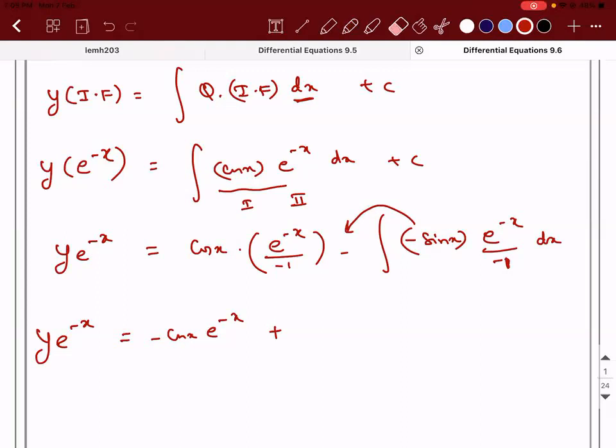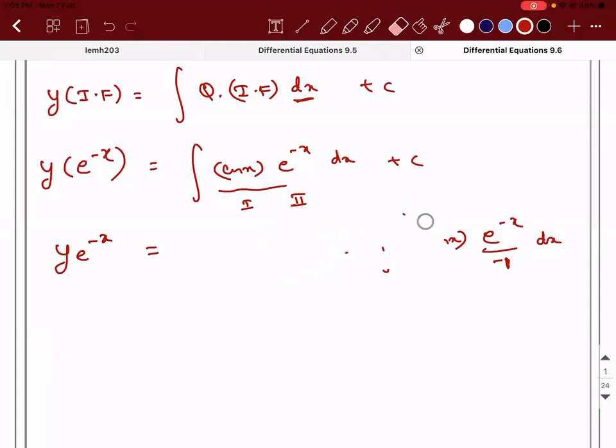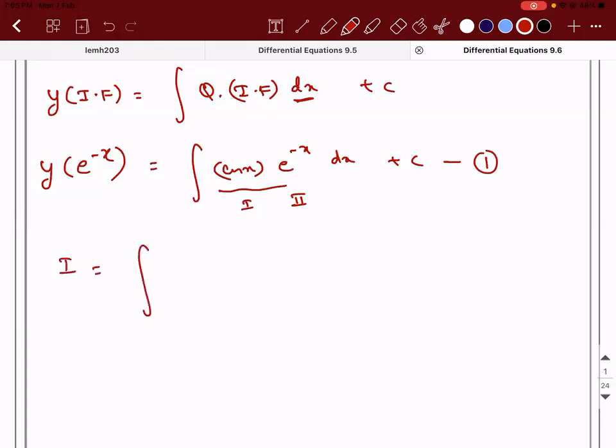So I would suggest you guys one thing. Listen. Instead of doing this step, I would suggest you one thing. Wherever this exponential function comes, take this as 1 and take I is equal to integral of e power minus x into cos x dx. Or sorry, cos x into e power minus x dx.